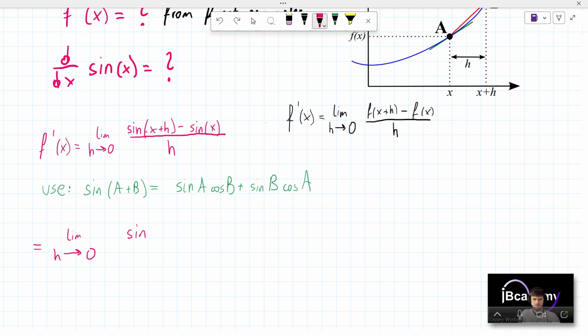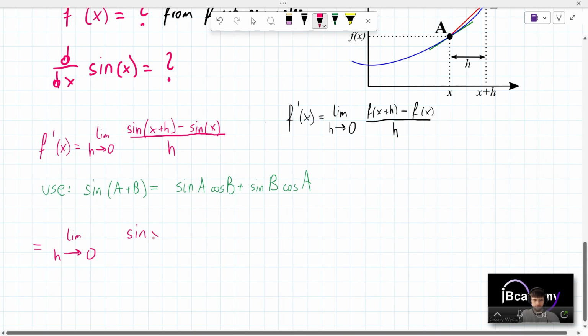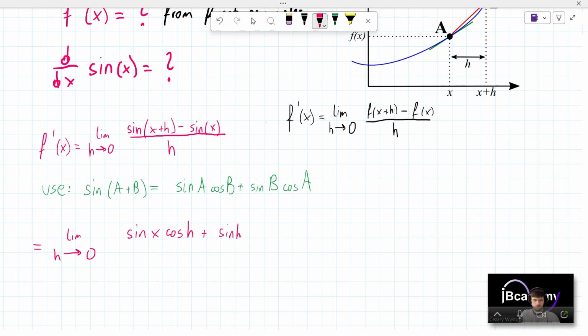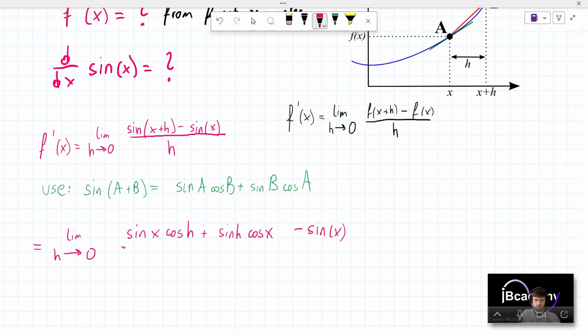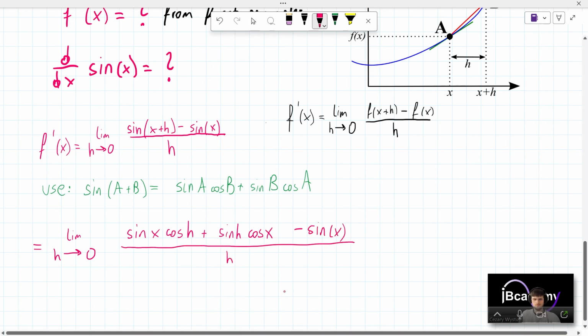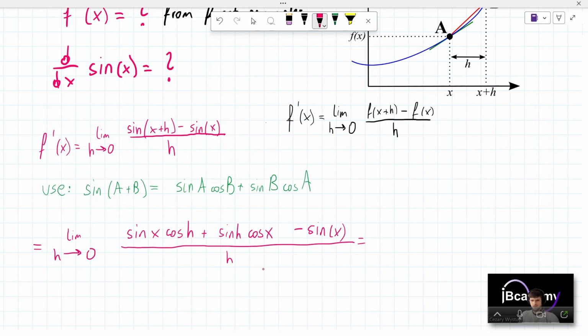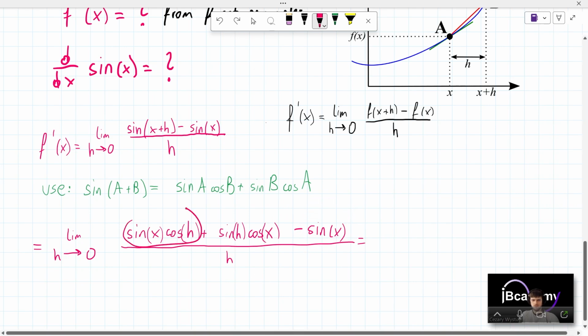So our A is the x and our B is the letter h here. And remember about this bit as well. All divided by h. We can simplify a bit because we can notice, brackets here for clarity, we can notice that we have sine of x here and sine of x in this term as well.